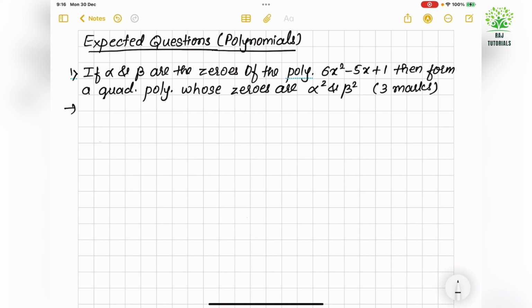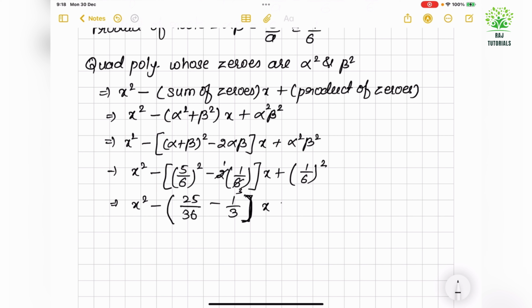So this will give me x square minus 25 upon 36 minus 2 ones are 2, threes are, so 1 upon 3, x plus 1 upon 36. So this will be x square minus, if I do LCM 36, so 25 minus 12 x plus 1 upon 36.